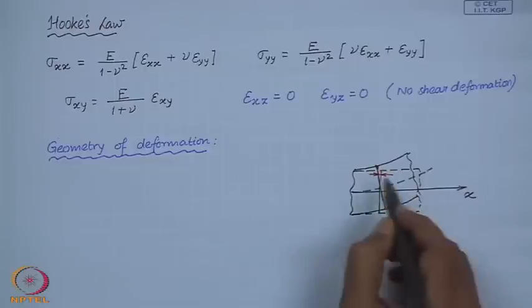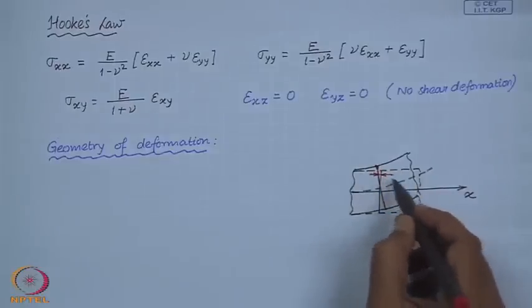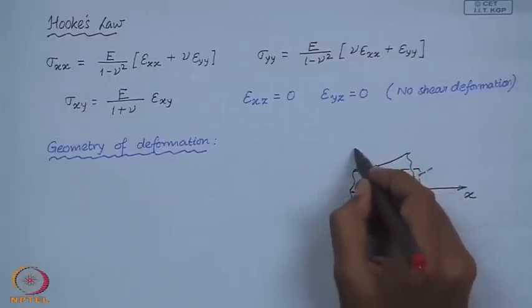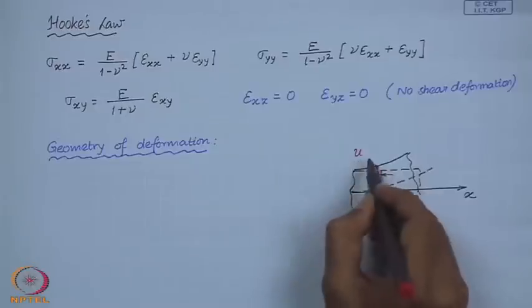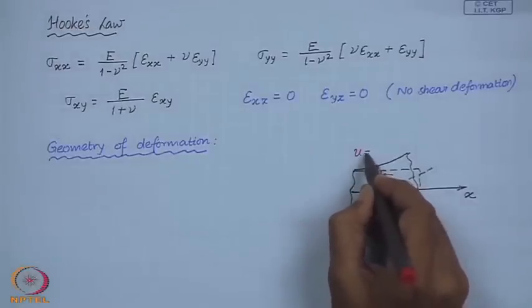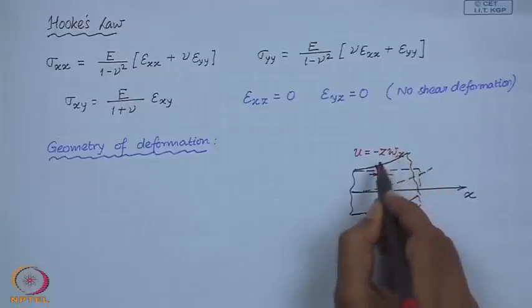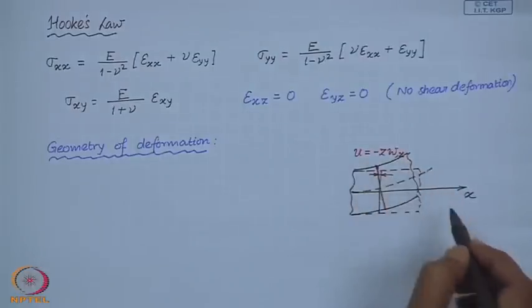So, the displacement in the direction of x can be written approximately, if you call that displacement u, as minus z times del w del x.